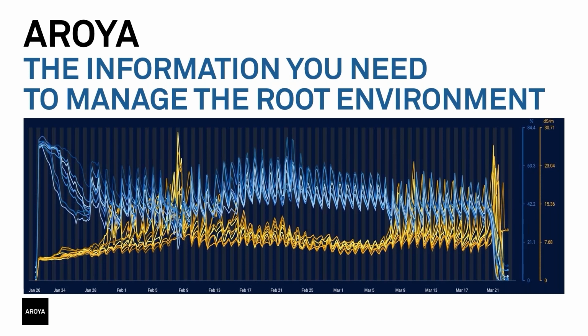Those are the lines in yellow, by changing the pattern of water application amounts and times. Now try to imagine doing that careful steering without feedback from the AROYA monitoring system. I think it would be like trying to drive a car through an obstacle course with a blindfold on.